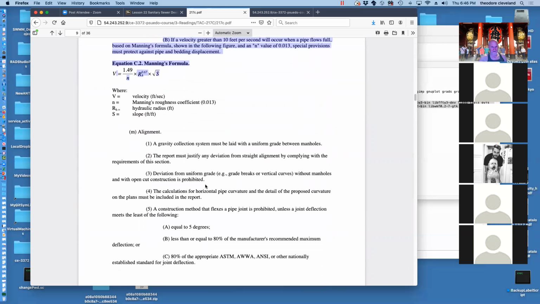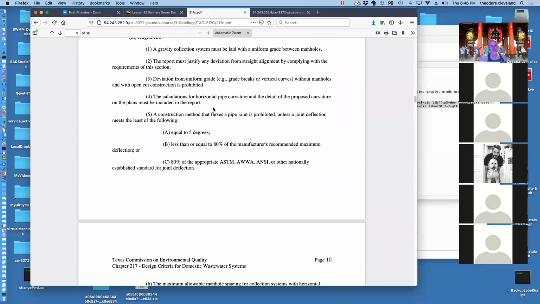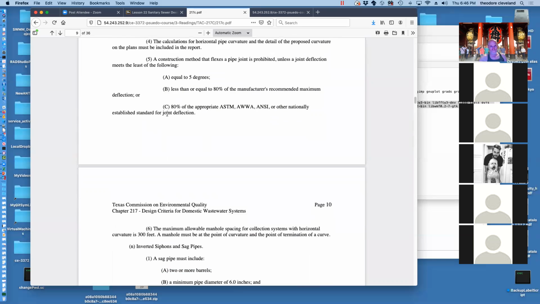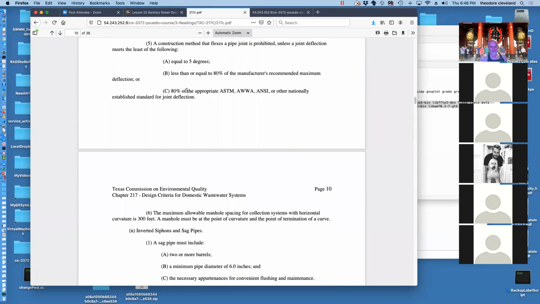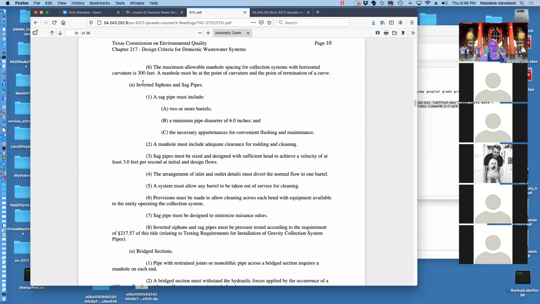Manning's equation is repeated for us. A discussion on pipe alignments, a discussion on bends, and then a section on inverted siphons, which are not used a lot, but they are a useful tool when you have to go underneath a stream.